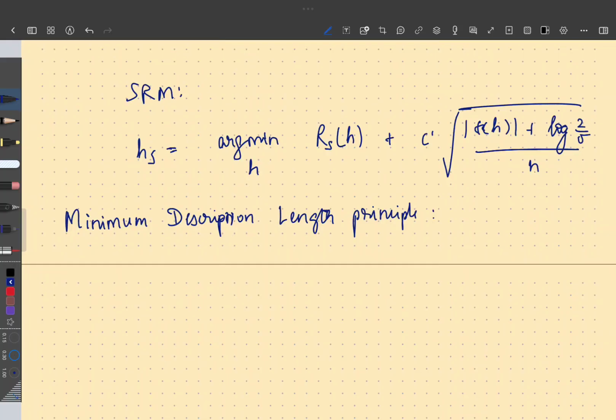It's a countably infinite class. Because right now you need a prefix-free code for your hypothesis class, which works only if the class is countably infinite.